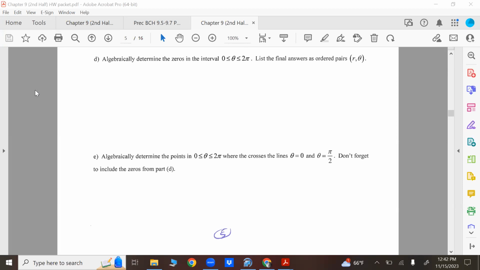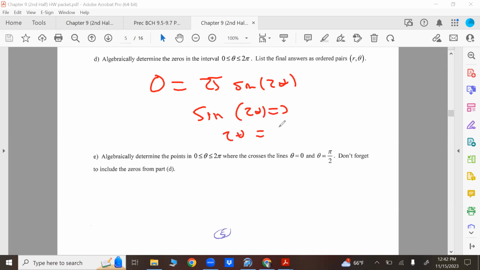Okay, guys, quiet, please. So then to determine the zeros, 0 equals 25 sine 2 theta. So sine 2 theta equals 0. Or 2 theta would equal 0 or pi, so you have 0, pi over 2, also 2 pi.